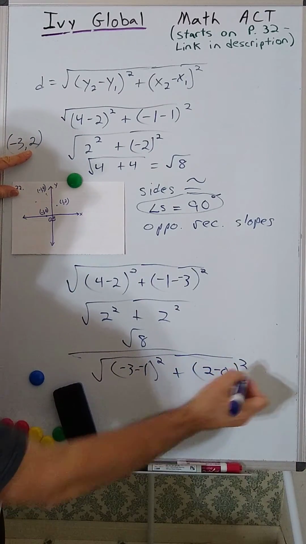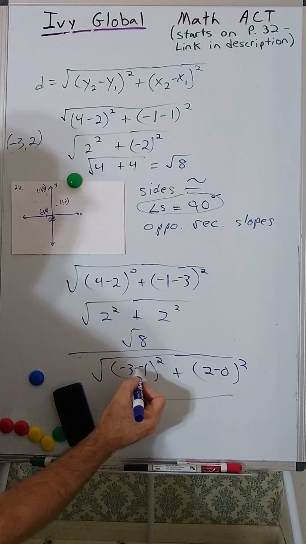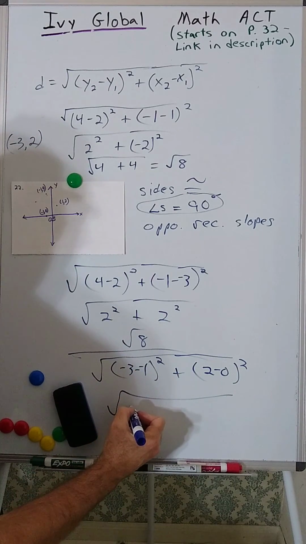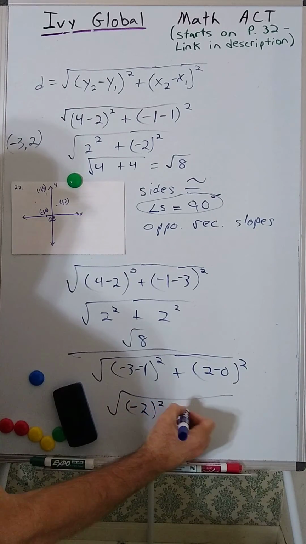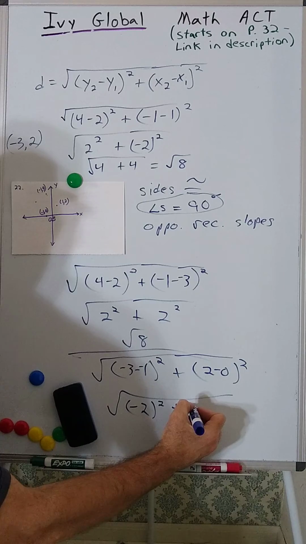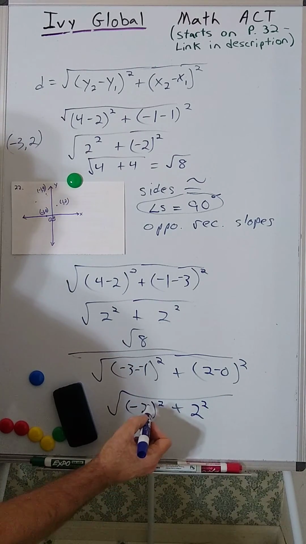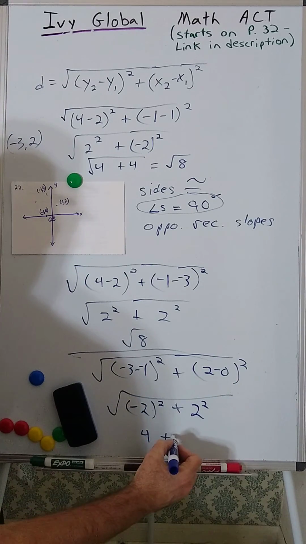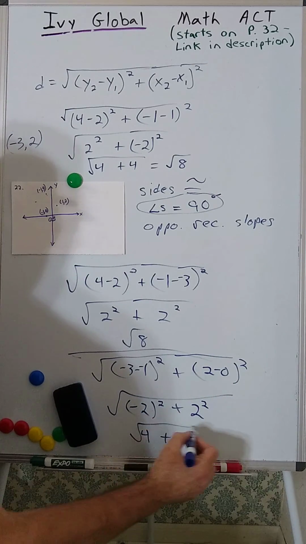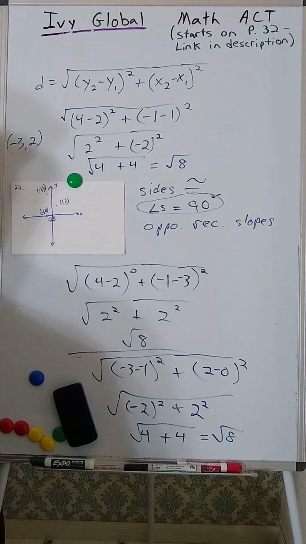We'll square that quantity. And then here we get negative 3 minus negative 1 is negative 2. And 2 minus 0 is 2. We'll square that. So we get negative 2 times negative 2, and that's 4. 2 times 2 is 4. So we have the square root of 4 plus 4, which is square root of 8.